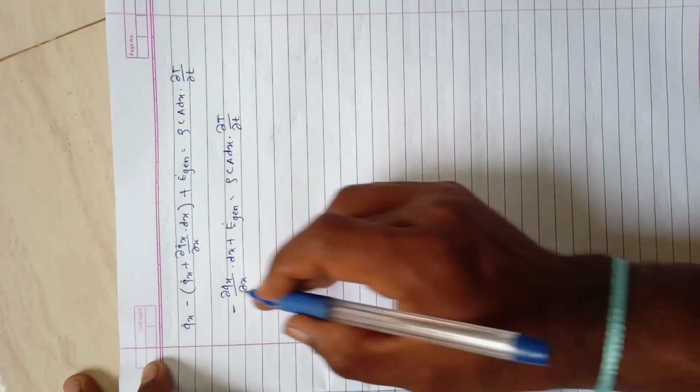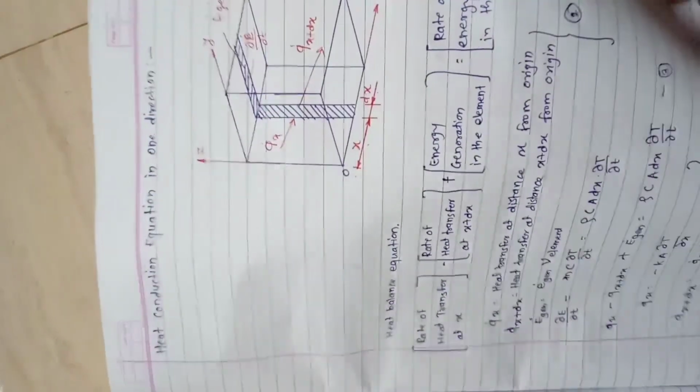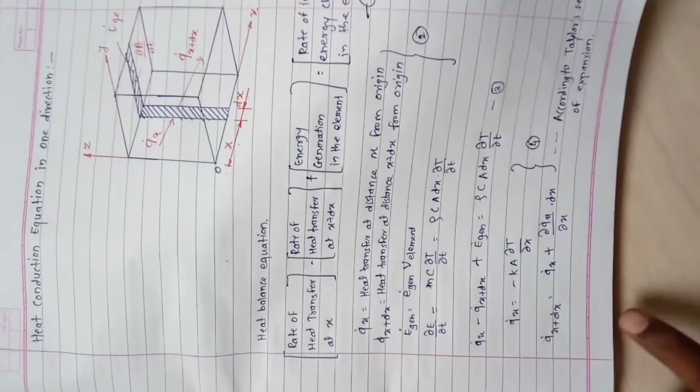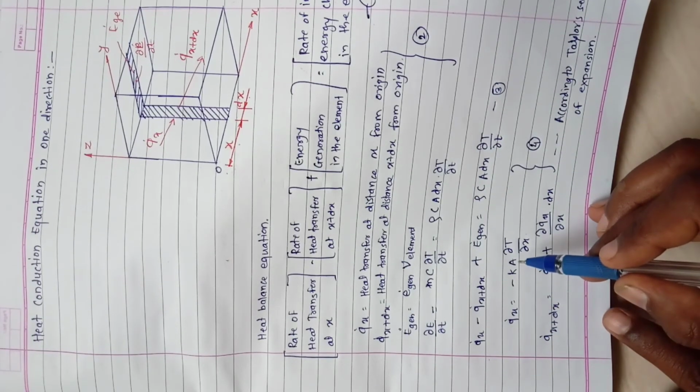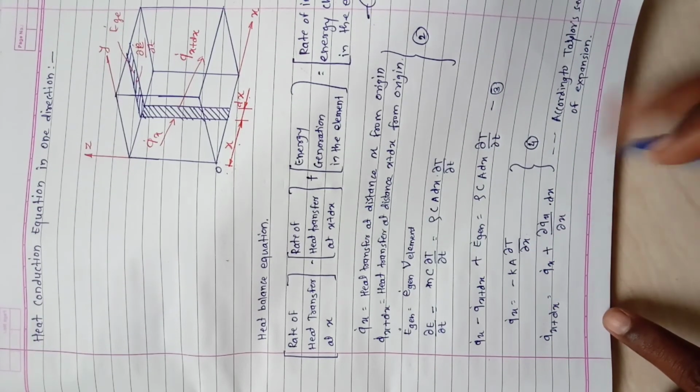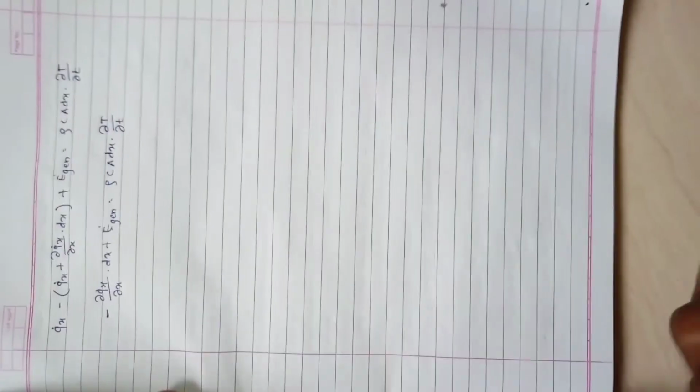Now we substitute the value of q dot x equal to minus K A dT by dx in this equation.